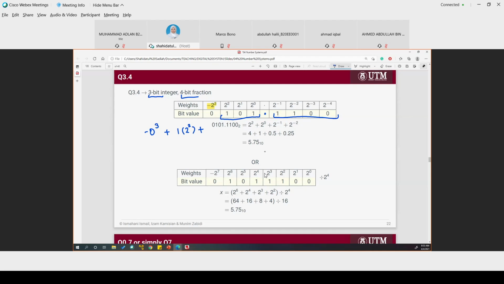And add up everything and you get 5.75 in decimal.